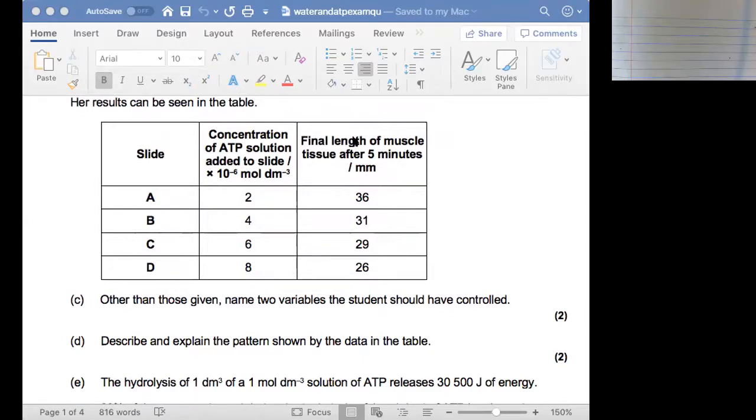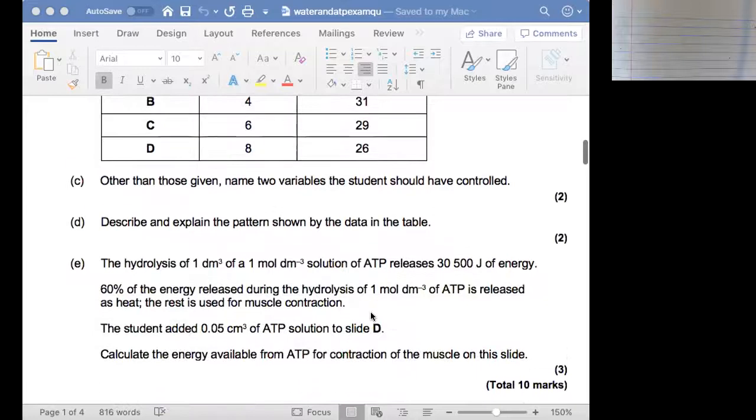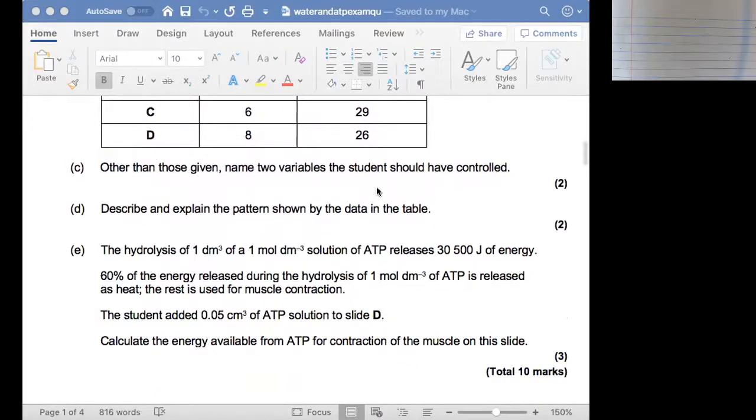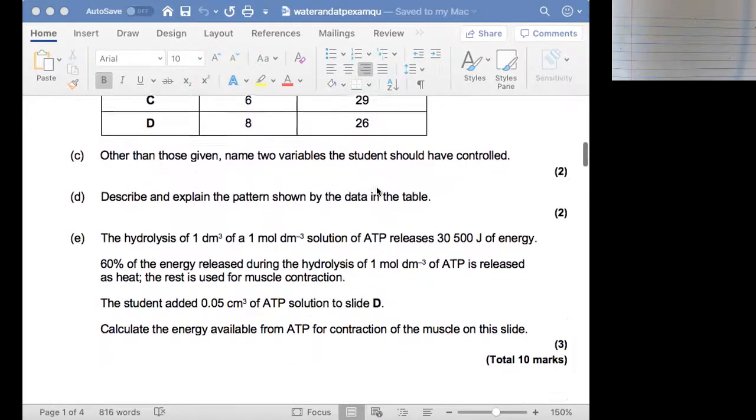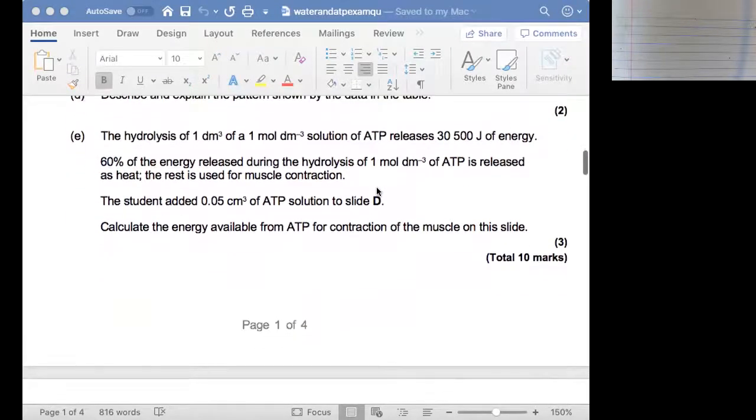And then the final length of muscle tissue after 5 minutes is measured in millimeters. You can see here that it goes from 36, 31, 29, 26. So that's decreasing. Okay, so there's a couple of questions about the experimental technique, and then describing and explaining the pattern shown in the data. So I'll let you do that.